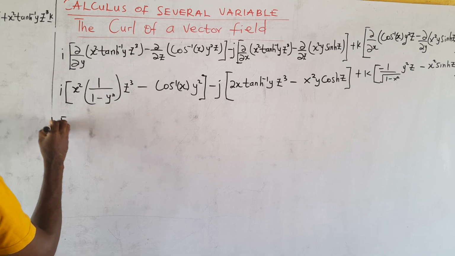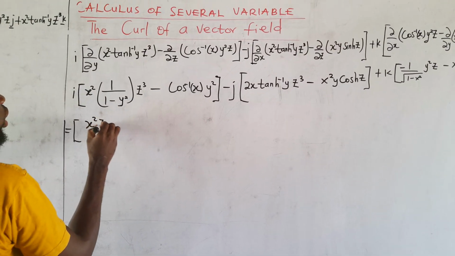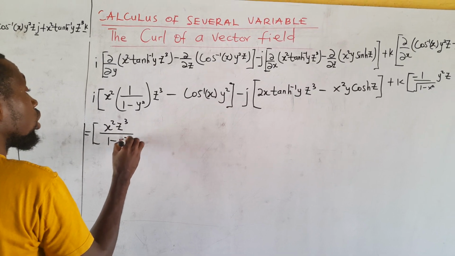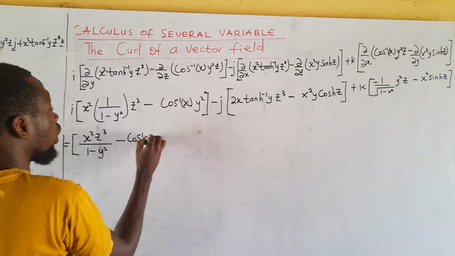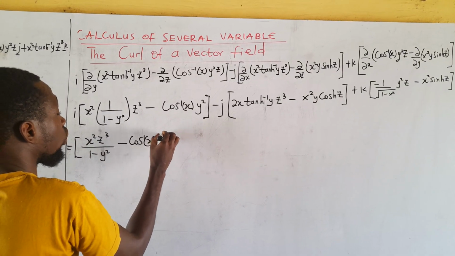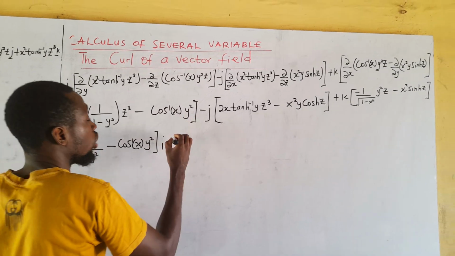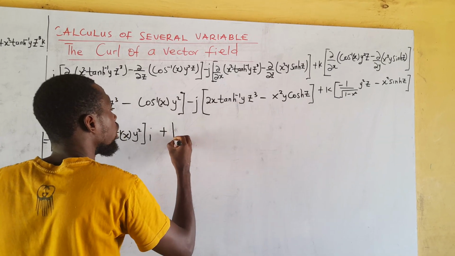We say this is equal to, we'll multiply, so we get x squared z cube over 1 minus y squared, then minus cos inverse of x y squared, and all that in the i direction. We want this to be plus, so this negative will affect that positive, so we'll bring this first.